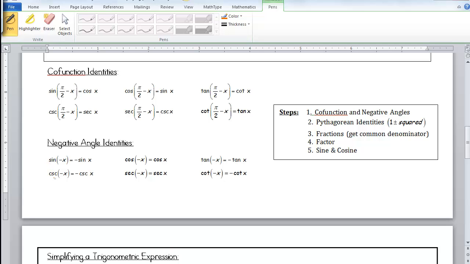If you were to take the sine or cosecant, tangent or cotangent of a negative angle measure, it would give you a negative function. Cosine and its reciprocal secant, though, if you took a negative angle of that, you would still have a positive function.